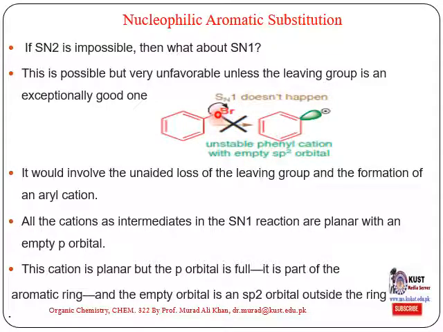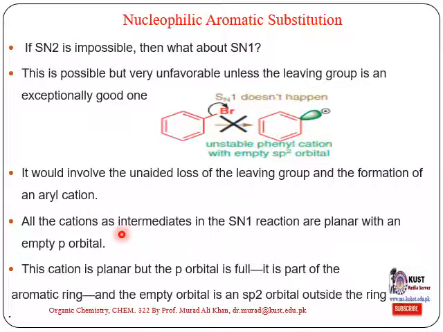If the leaving group is a good leaving group, it will result in a phenyl cation. It would involve the unaided loss of the leaving group and the formation of an aryl cation.